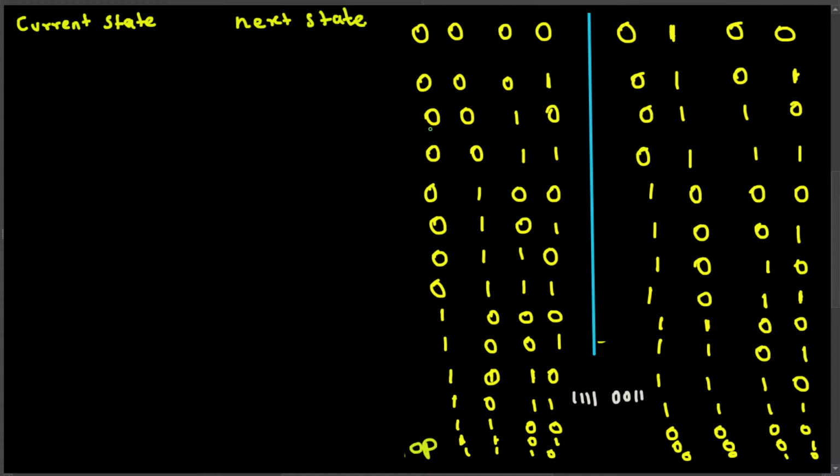How many do we have? 1, 2, 3, 4, 5, 6, 7, 8, 9, 10, 11, 12, 13, 14, 15, 16. 16 different alignments.